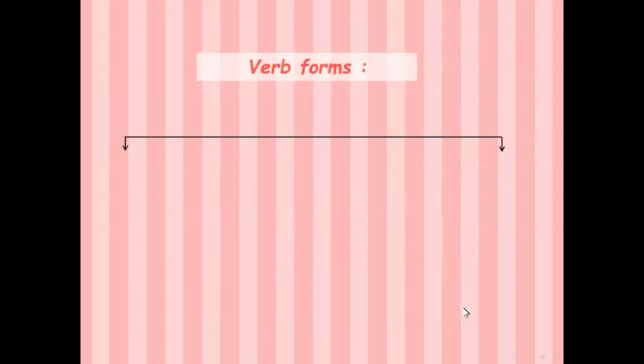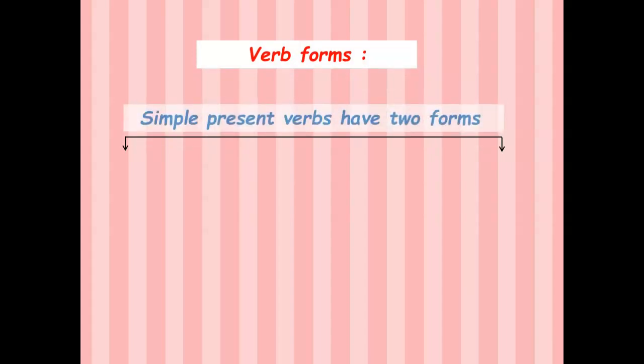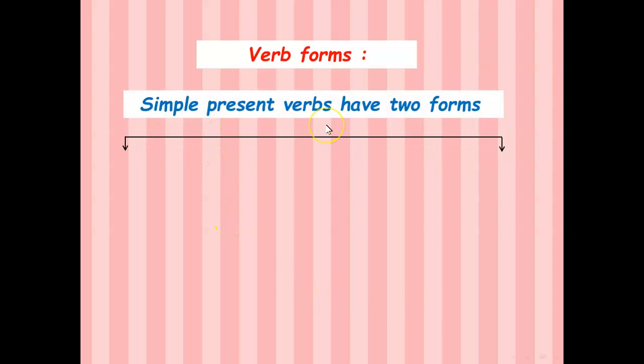So, how to form the simple present tense, my beautiful students? The simple present verbs have two forms. The first form is the base form. What do I mean by the base form? I mean a verb without s, without ed, without ing.